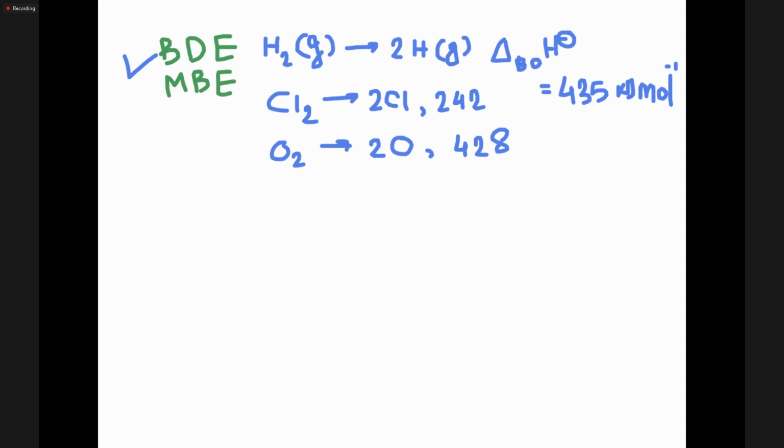But in the case of polyatomic molecules, the bond dissociation enthalpy is different for different bonds within the same molecule. So now consider a polyatomic molecule, that is methane. Methane is a polyatomic molecule because methane has 5 atoms.